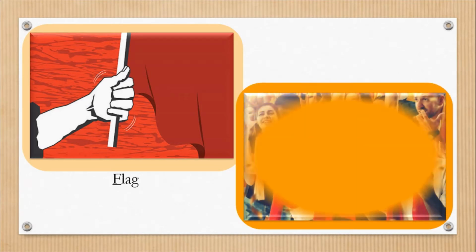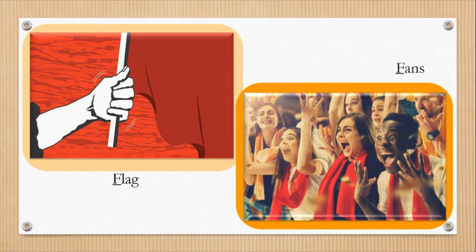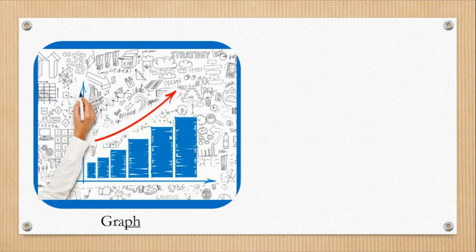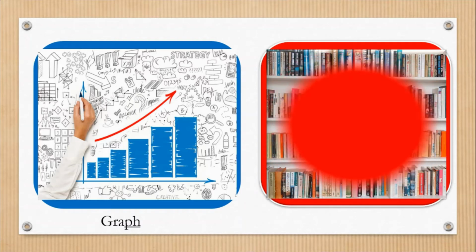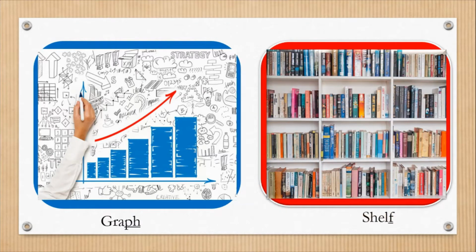We have fans, also at the initial position. We have graph. This is the letter PH representing the sound in this word, graph, and it's occurring at the final position. We have shelf, at the final position.